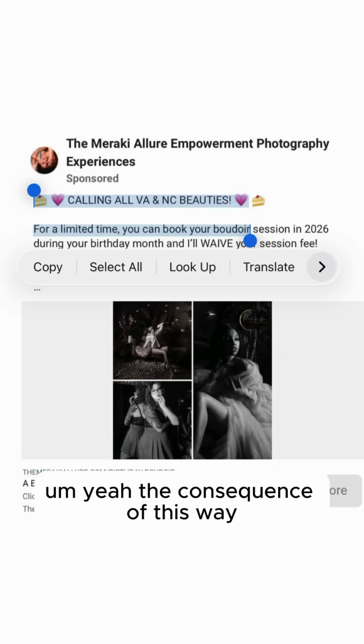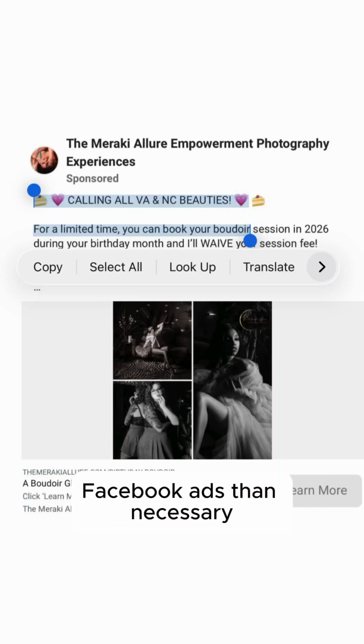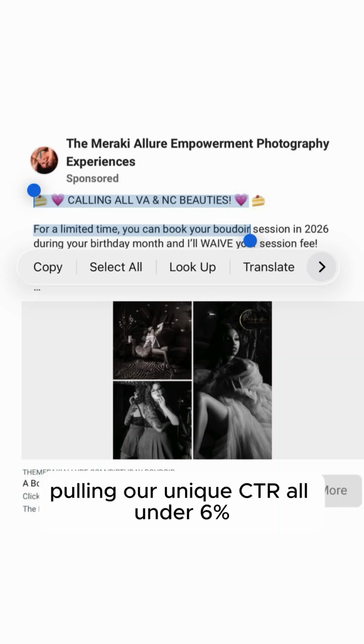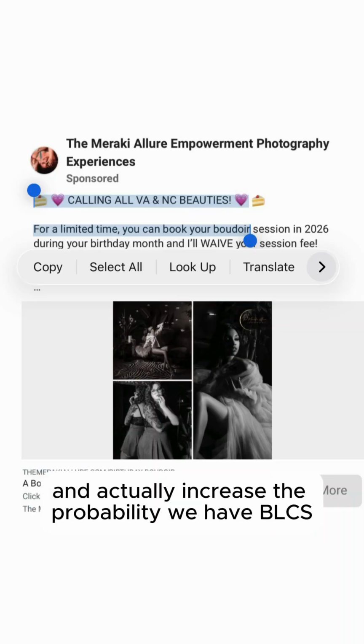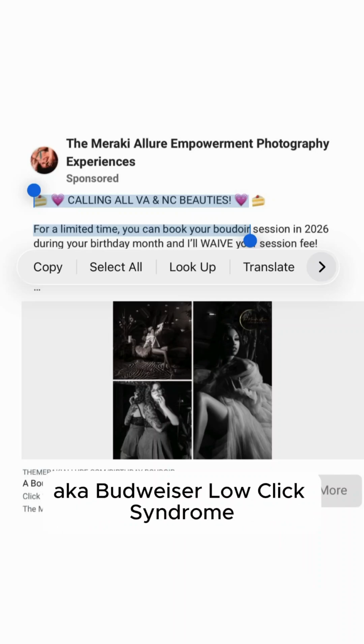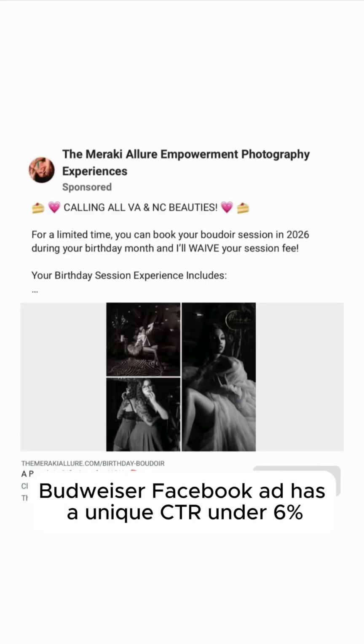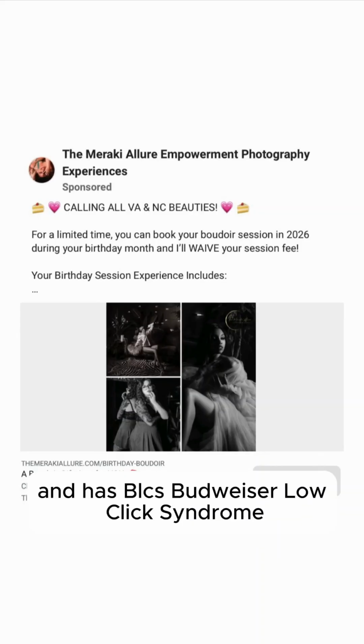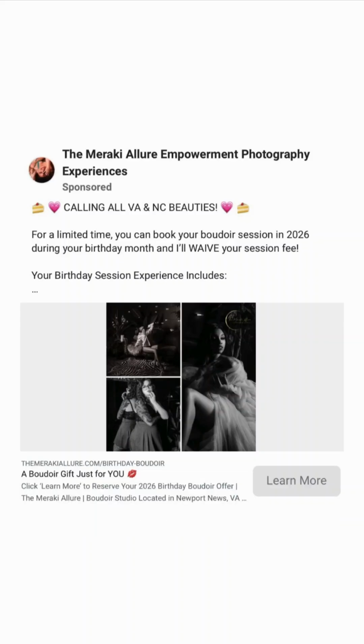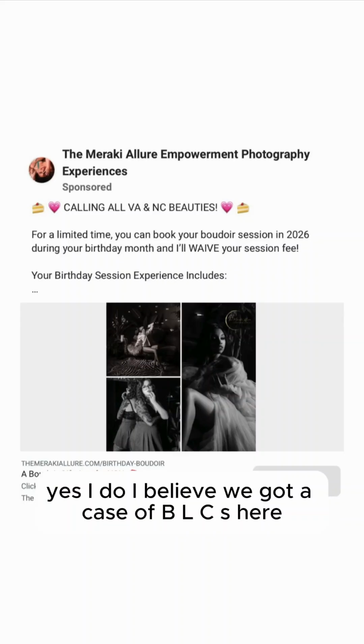The consequence of this is way more women are going to be scrolling by our Boudoir Facebook ads than necessary, pulling our unique CTR under 6% and increasing the probability we have BLCS. So overall diagnosis: I believe this Boudoir Facebook ad has a unique CTR under 6% and has BLCS, Boudoir low click syndrome. Yes, I do. I believe we got a case of BLCS here.